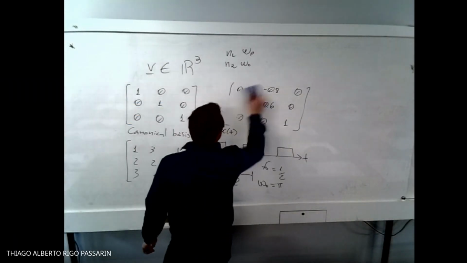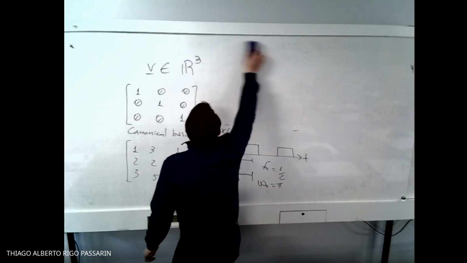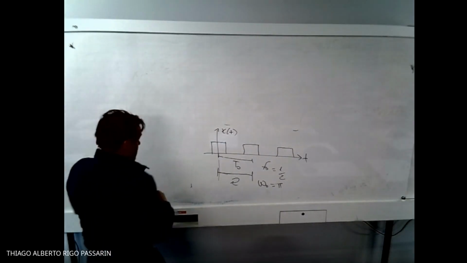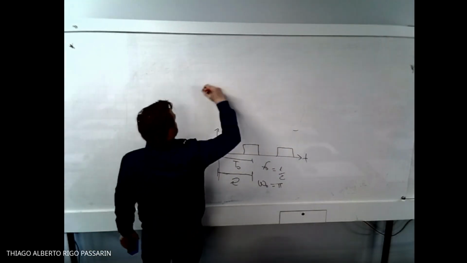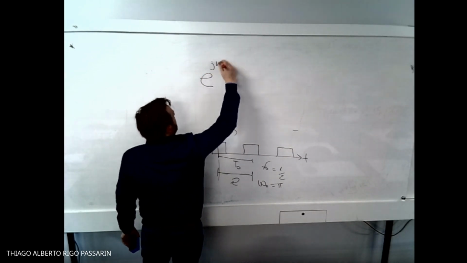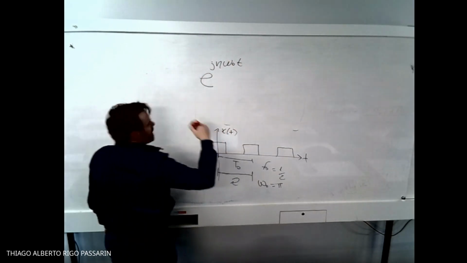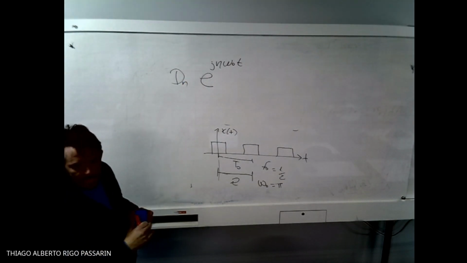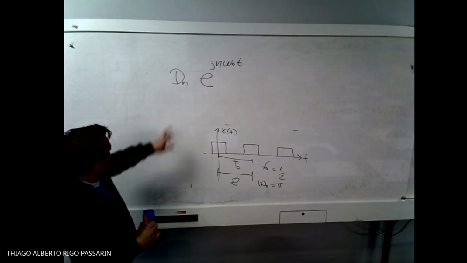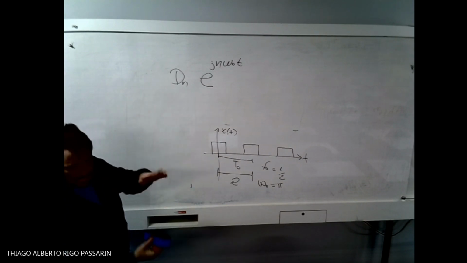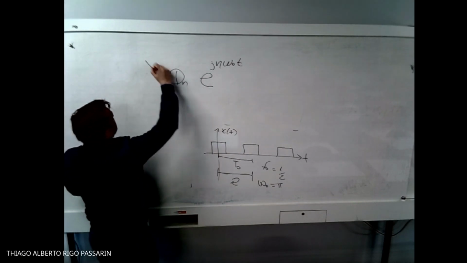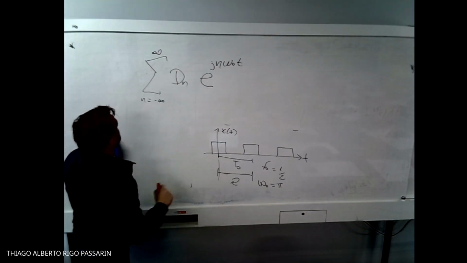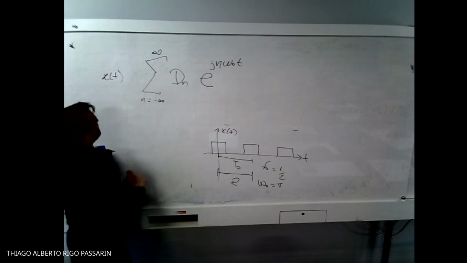Then I will find a combination. I must find a combination of these signals, of these vectors, e to the j n omega 0 t. Each of them will have an amplitude and phase, dn, which is a complex number, which will give amplitude and phase. I sum all of them from minus infinity to infinity, and this will be x of t.